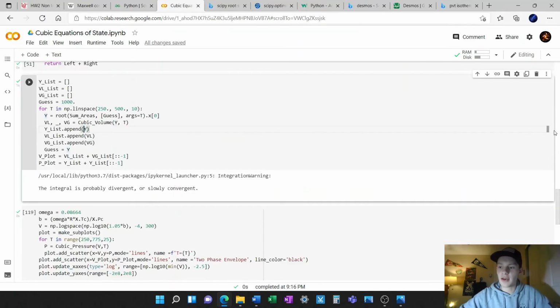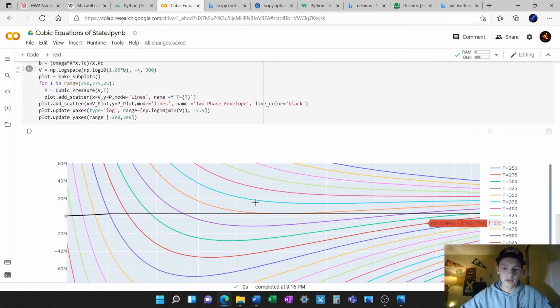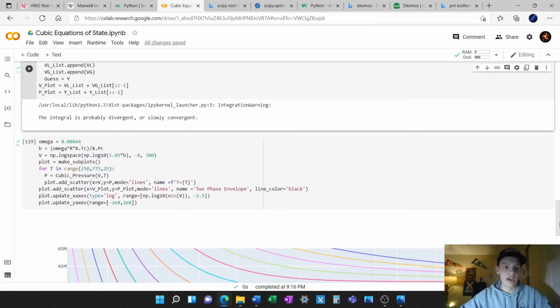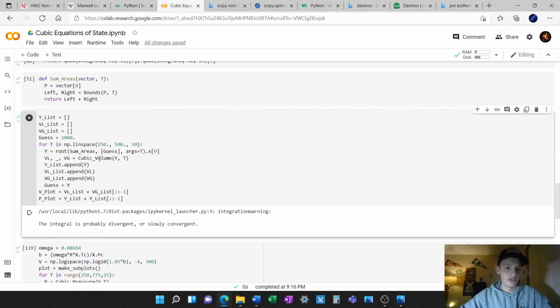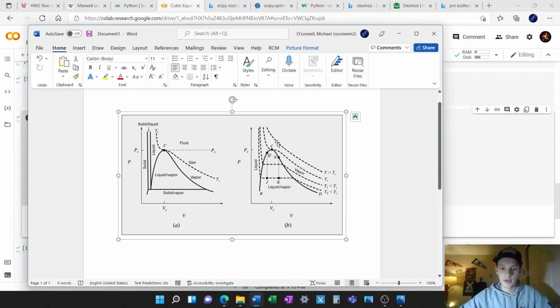The problem that we have here that's causing this straight line is mainly due to the fact that we are assuming that the change in temperature is linear. And that obviously is just not going to be true.